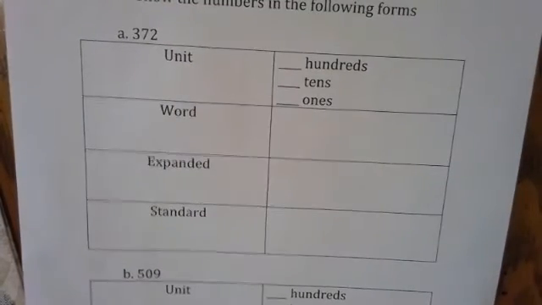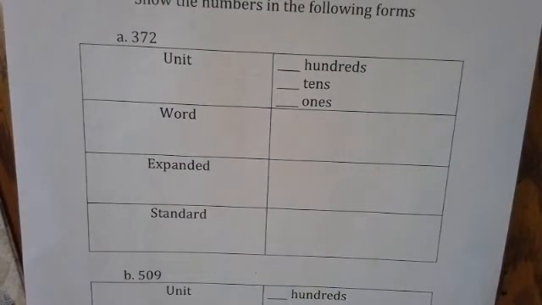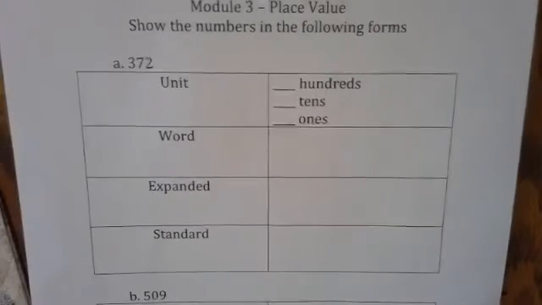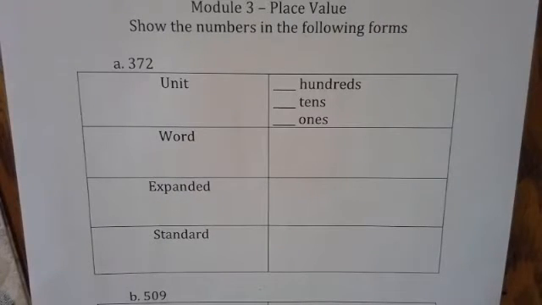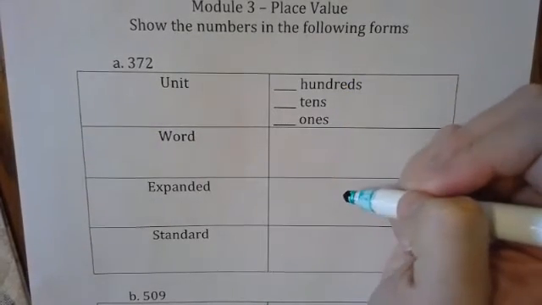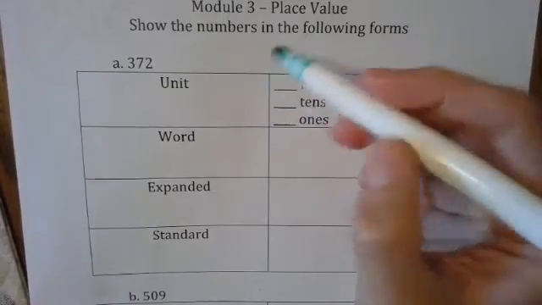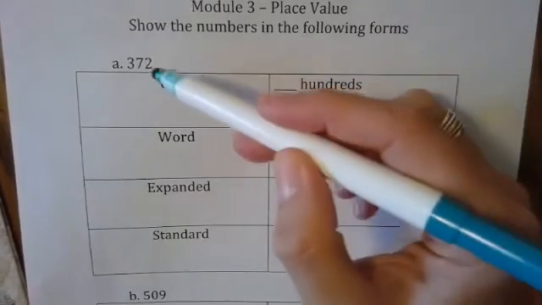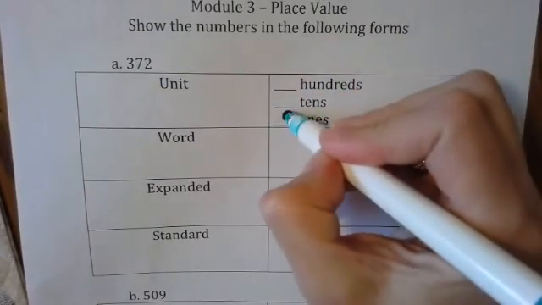When we take a look at our different forms of our numbers, we know that our unit form is made up of our place values, ones, tens, and hundreds. So in the number 372, it is represented with 2 ones.